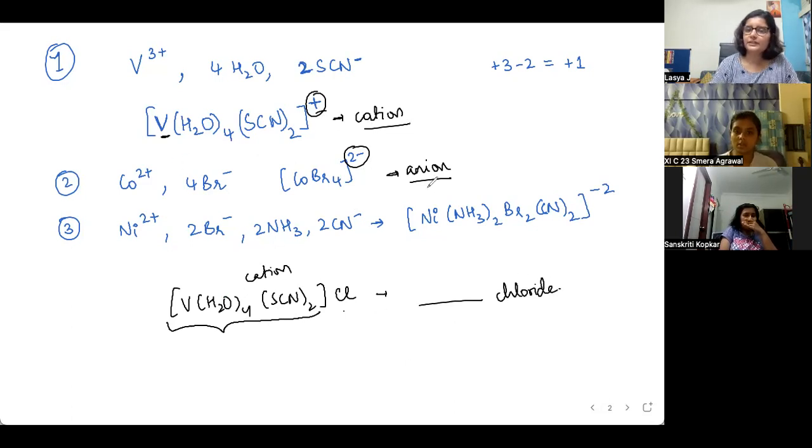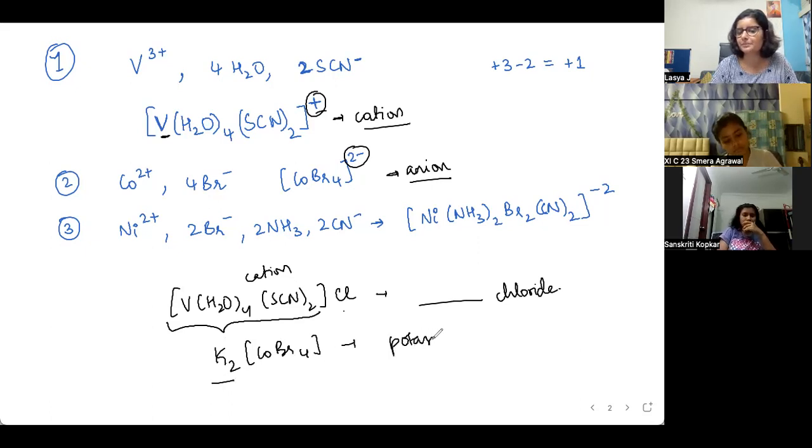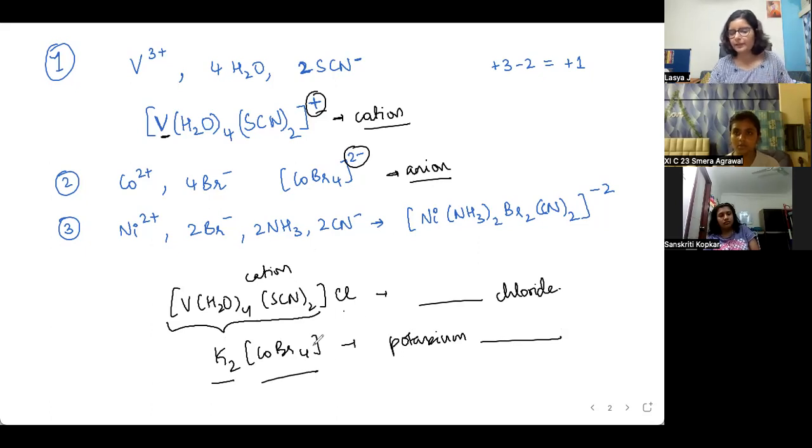And if it's an anionic complex, like if I take this example, let's attach potassium as its cation. So here also cation will come first. You'll name it as potassium, and then the complex ka name. So wherever the complex may be, doesn't matter.